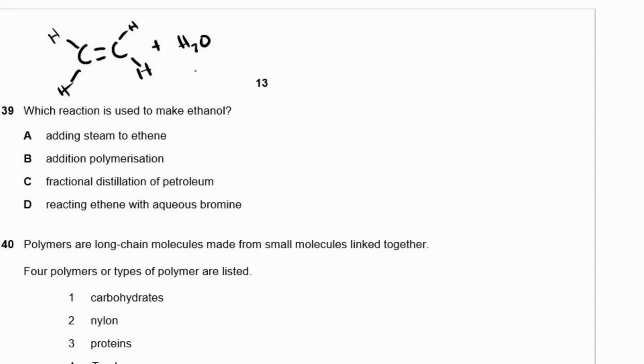Now steam, again, we have O, an H, and an H. And you can add it over a double bond, because you can break one of these bonds and you'll have an OH plus an H, OH minus an H plus. So one of these gets an OH minus, and one of these gets an H plus.